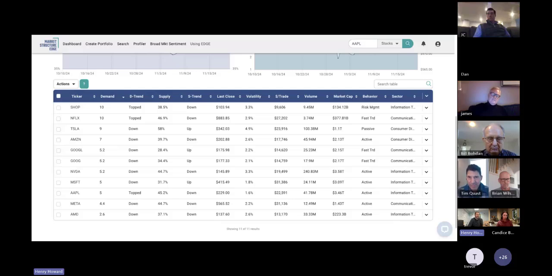What sticks out to me is that in the last week, Microsoft, Amazon, Meta, and Google are all down, while the market's still pretty strong. Amazon's down. The only one that's been going up, which is actually up 9% on the week, is Tesla.